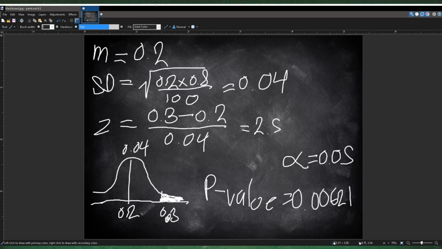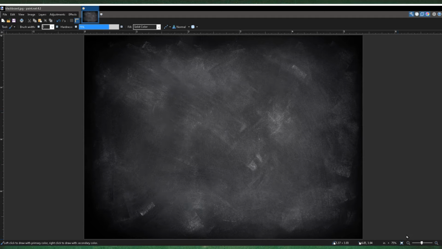And then you have a p-value of 0.062, right? And you drew your picture and you did your mechanics. So we're gonna now write our conclusion.